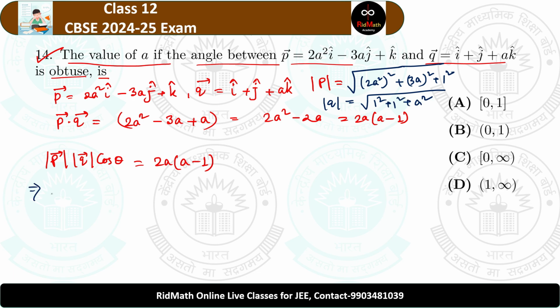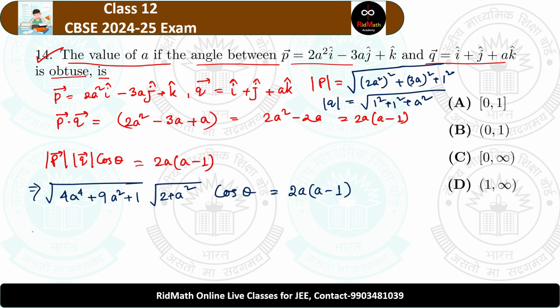This is root over 4A to the power 4 plus 9A square plus 1, and mod Q is root over 2 plus A square. Then cos theta is equal to 2A into A minus 1 divided by these two terms.